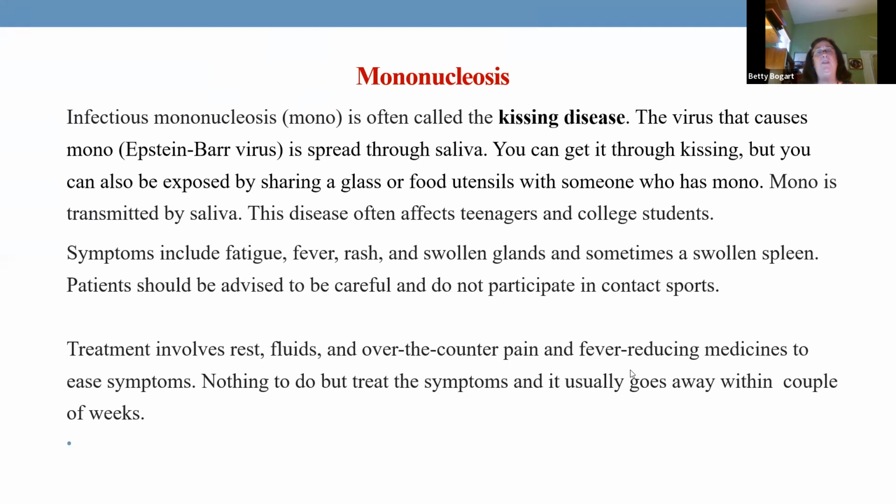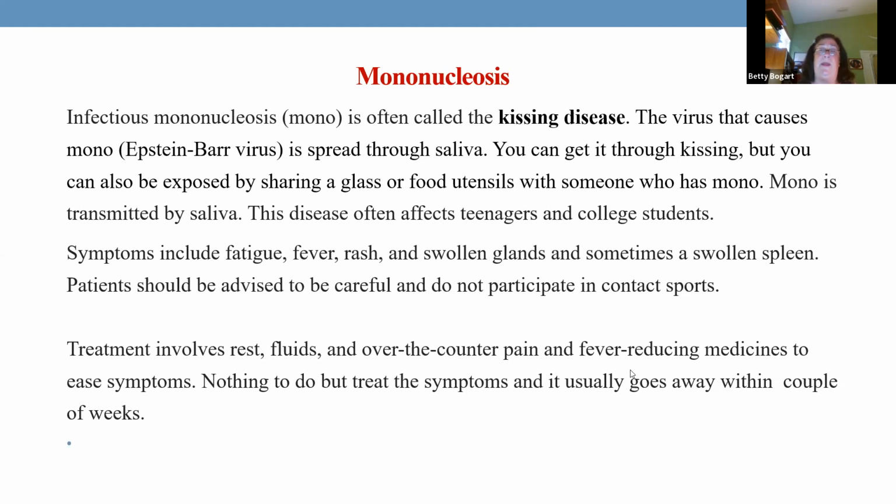Once we go through the process of figuring out that it is mono, which is done by a lab test, and we find the monospot test positive, we need to teach these parents and children something very important. My students know the story about a 9-year-old boy who came in after a long process of trying to figure out what it was, and we found out he had mononucleosis.